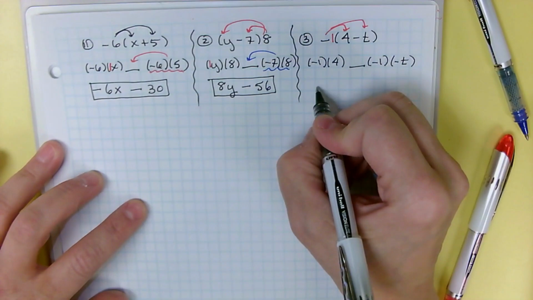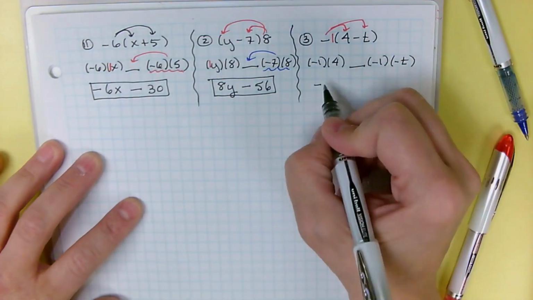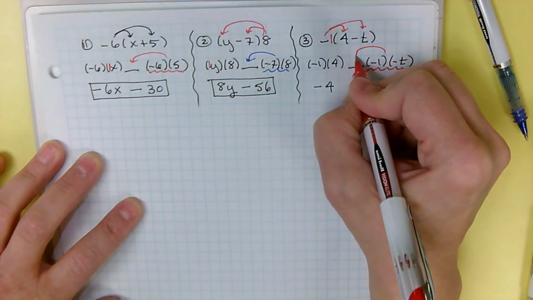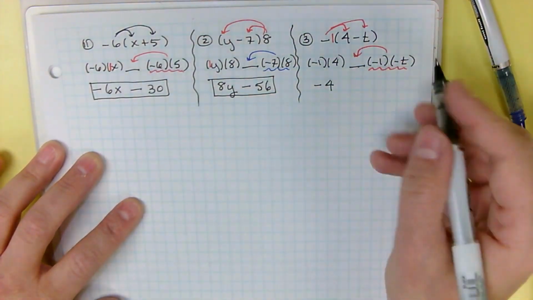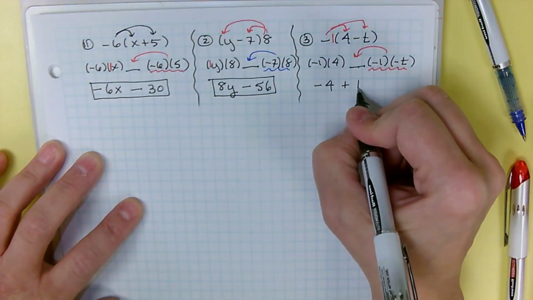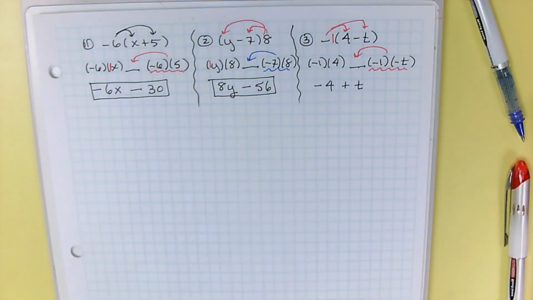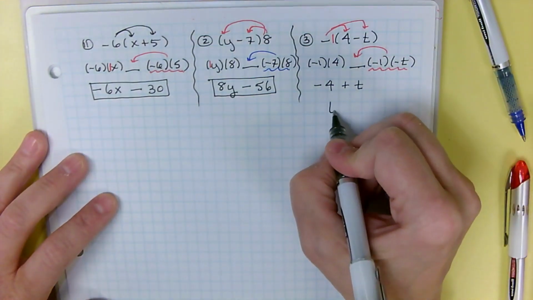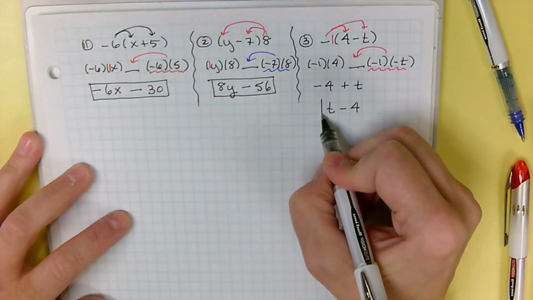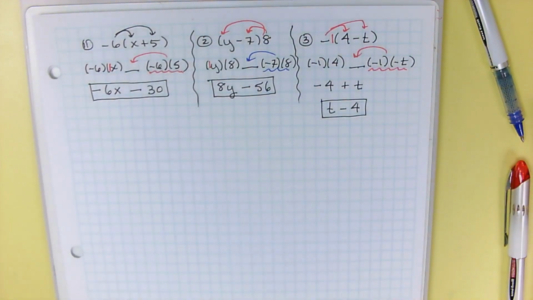A negative times a positive is a negative. 4 times 1 is 4. Okay, so the sign off of the second two goes in the middle. A negative times a negative is a positive, and t times 1 is t. Now this one we do have to put in the right order. It would be t minus 4. T's come before number terms. And that would be your answer.